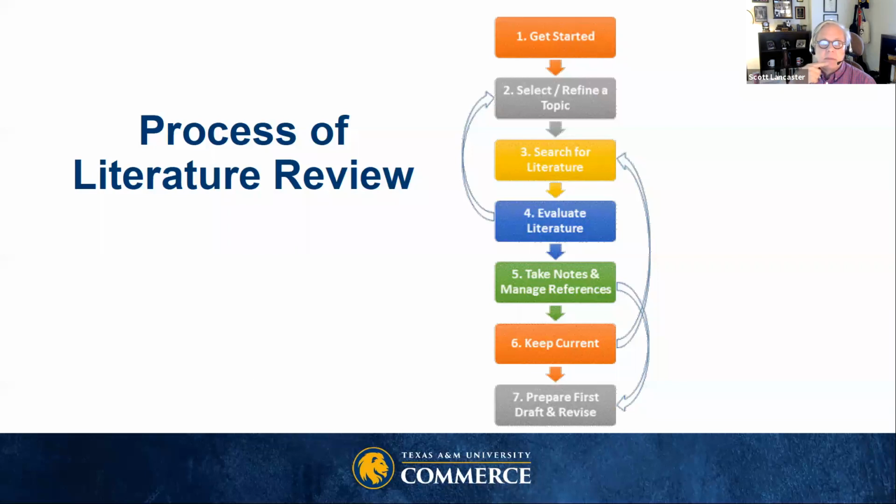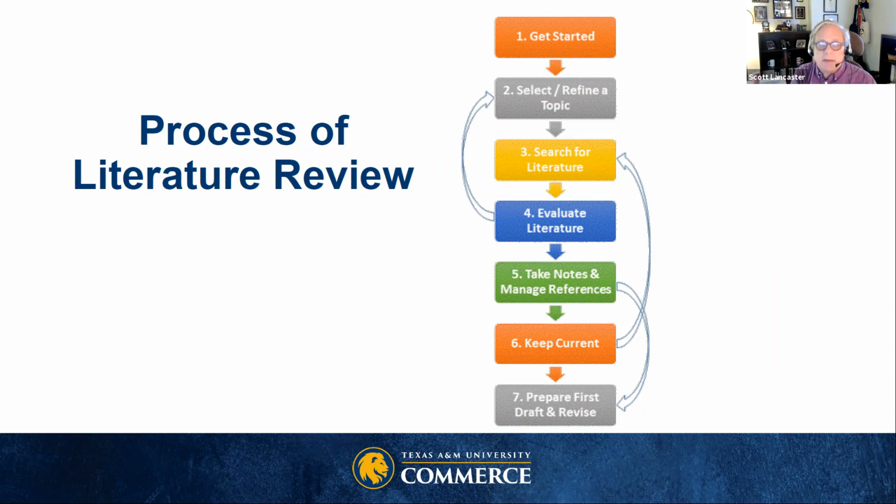I found this diagram, which I thought was a really good illustration of the process of writing a literature review, including the researching of it. You first have to select or refine a topic, whether it's broad or really focused.